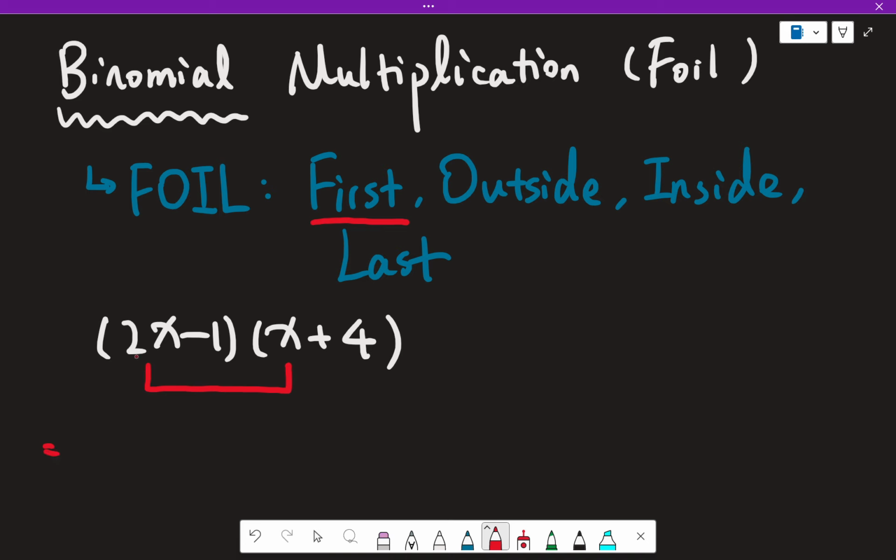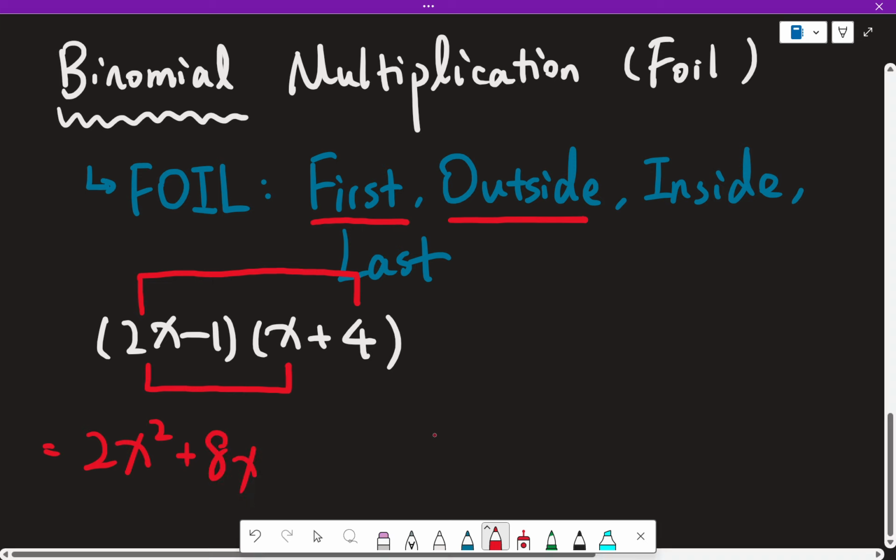So we use 2x times x, we will have 2x squared. Next, outside. So we want to multiply the outside terms of these two brackets, which are 2x and 4. We multiply them and we will get 8x.